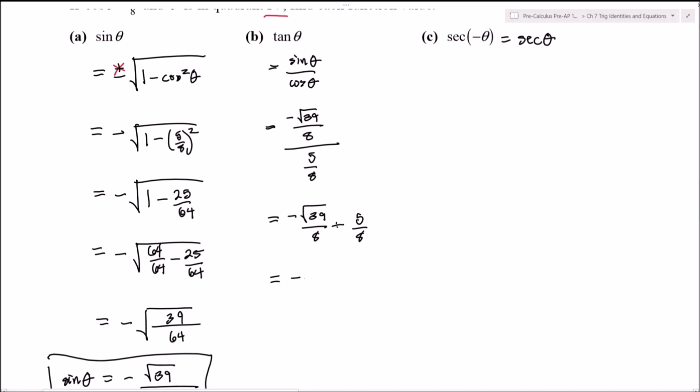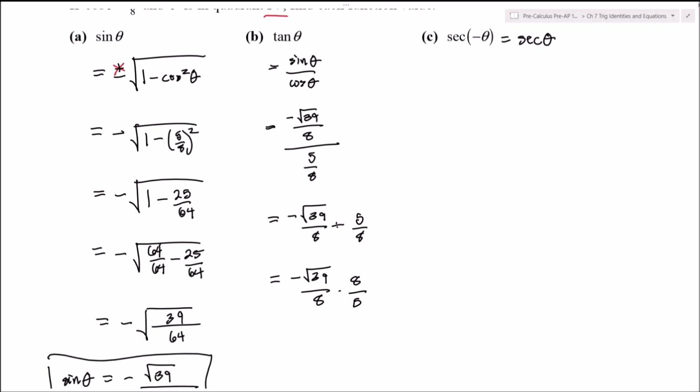The left fraction stays as is, negative square root of 39 over 8, and you change the operation to multiplication as long as you take the reciprocal of the right one. So 5/8 changes to 8 over 5. So negative square root of 39 over 8 times 8 over 5.